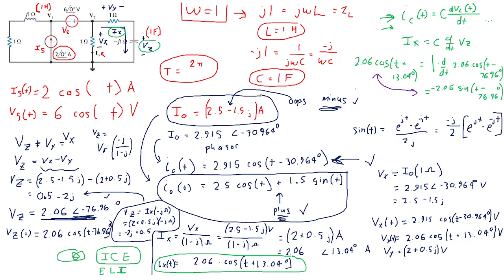And so I am desperately hoping that minus sine with a phase of 76.96 degrees is the same as a positive cosine with a phase of 13.04 degrees.